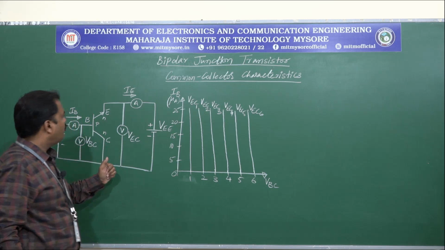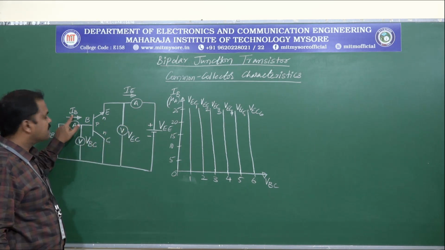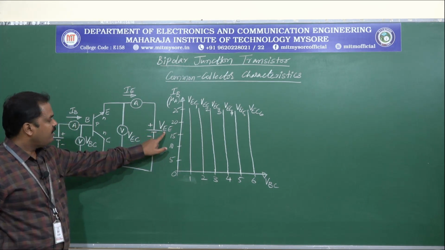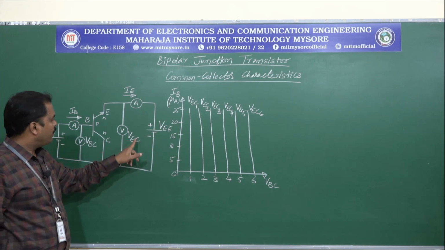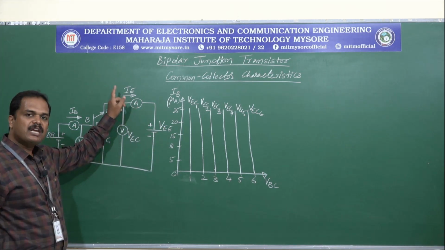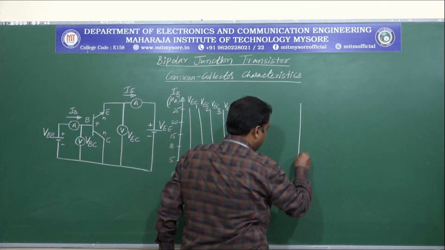Now coming to common collector output characteristics, here we'll set the input current at a constant level and vary the VEE, so that we'll have various values of VEC, and the corresponding change in IE will be noted down. So this looks like this.